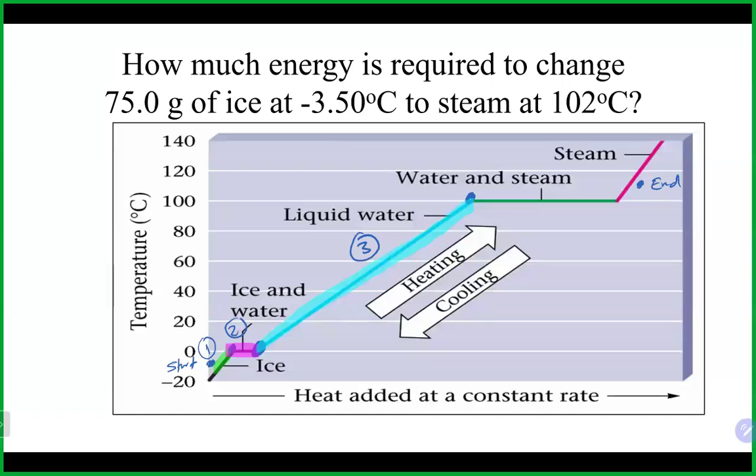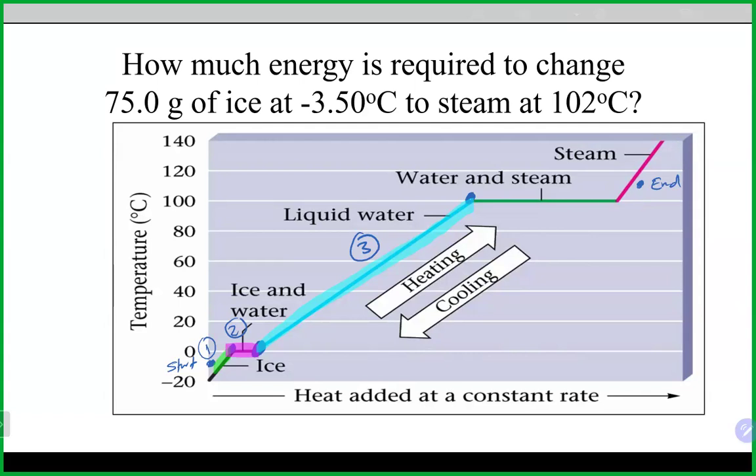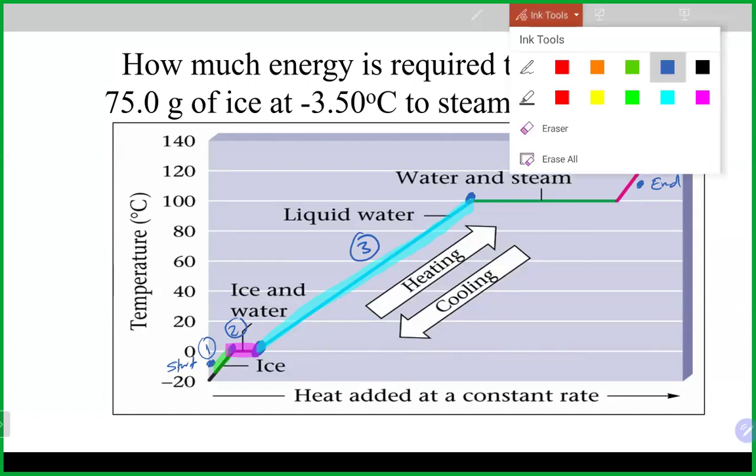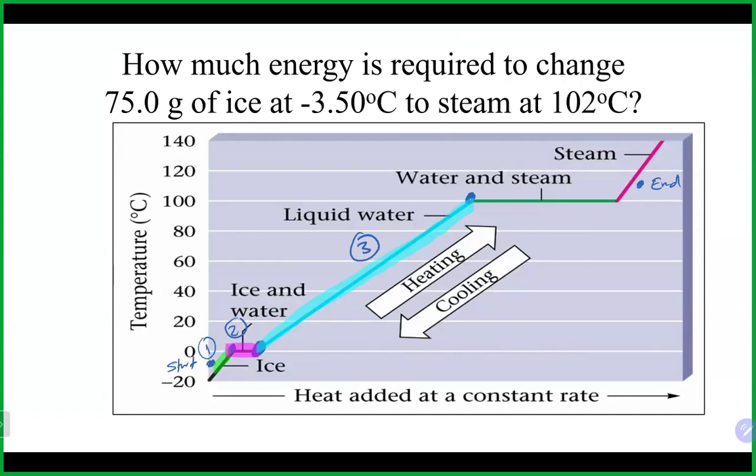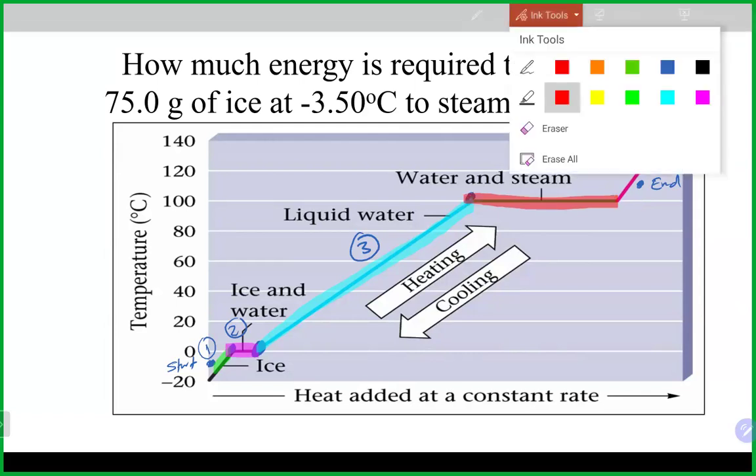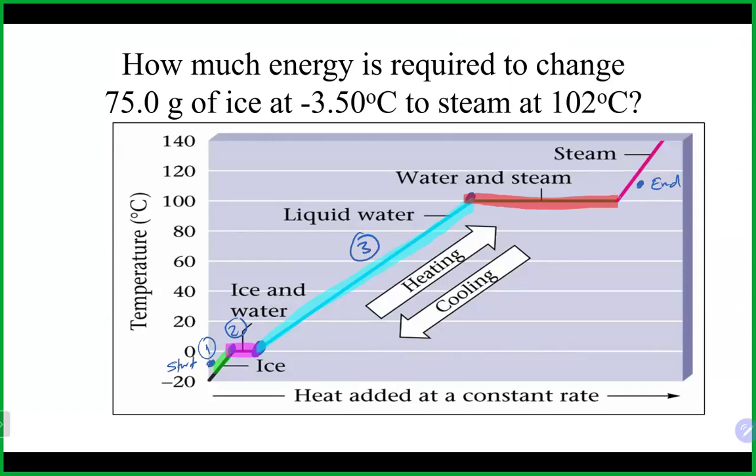At its normal boiling point, it's going to go from liquid water at 100 degrees to steam, or gas, at 100 degrees. So that is our next transition that we're going to do, which is from here to here. We're going to transition, and that would be our fourth step here.